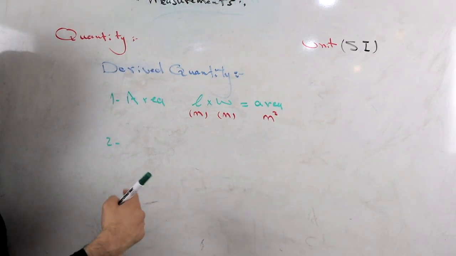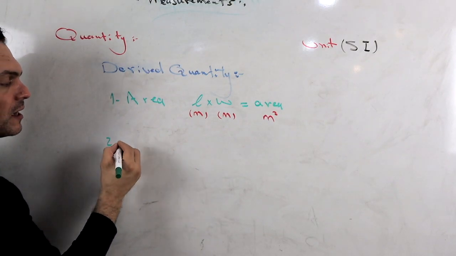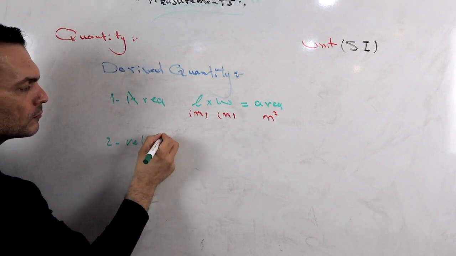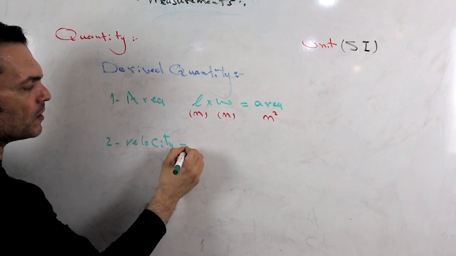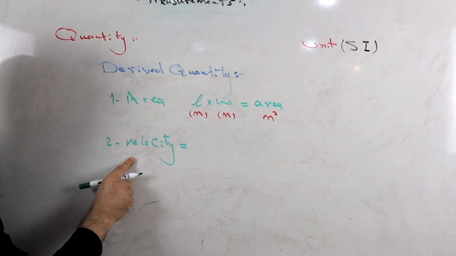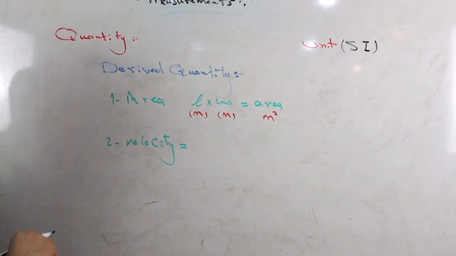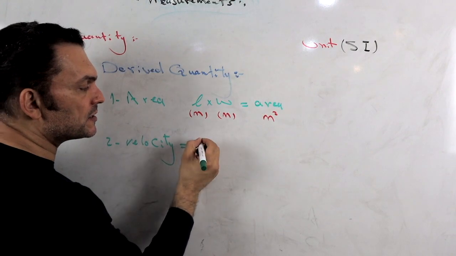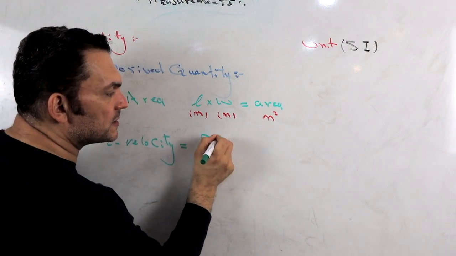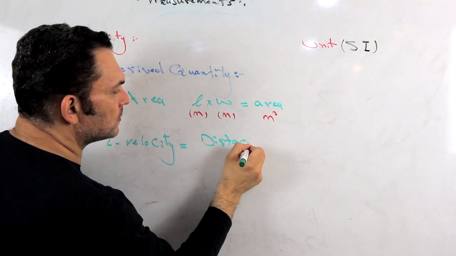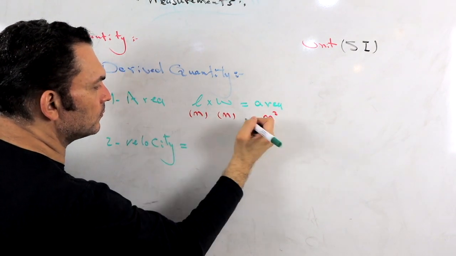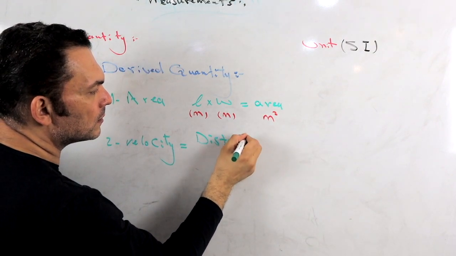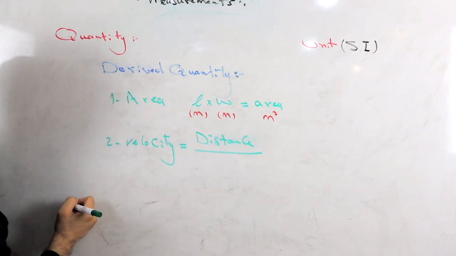If I make it something higher in thinking, like when I say velocity, remember, when I say velocity or speed, I'm not talking about vector or scalar or directions right now. But when it comes to velocity itself as a concept, it is the displacement or the distance over the time.